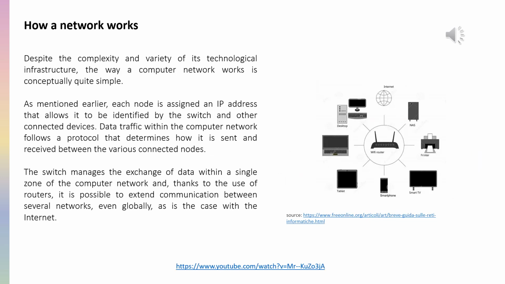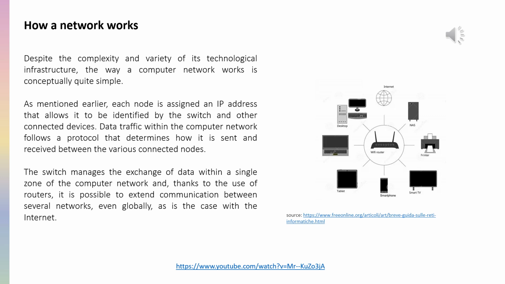Now we will explain how a network works. Despite the complexity and variety of its technological infrastructure, the way a computer network works is conceptually quite simple. As mentioned earlier, each node is assigned an IP address that allows it to be identified by the switch and other connected devices.